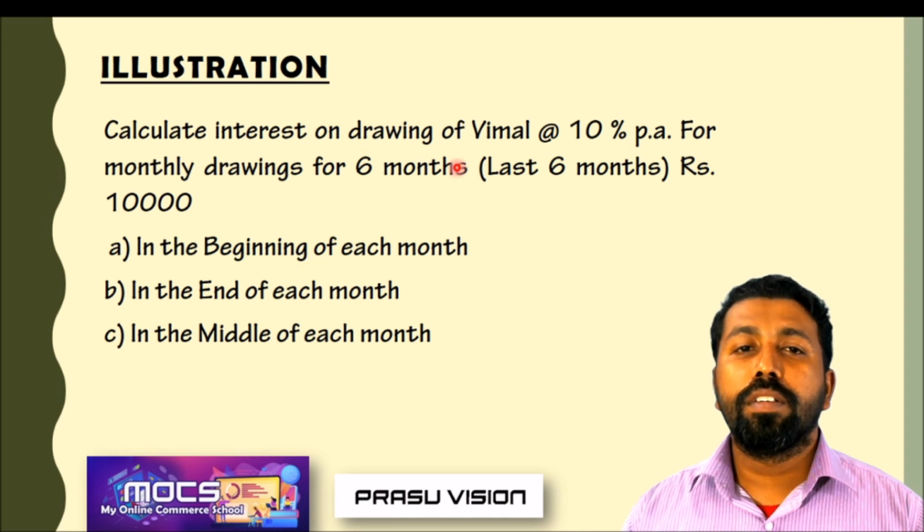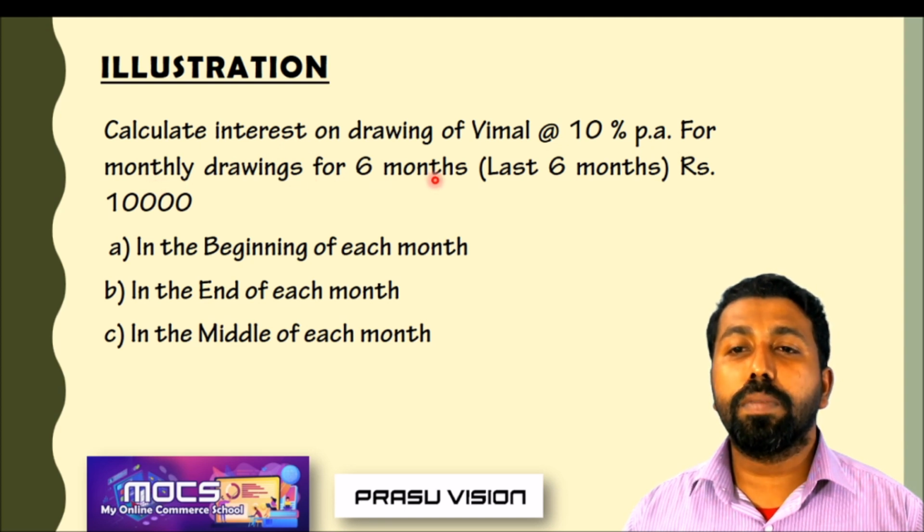Here the drawings amount is 10,000 and it is monthly drawings for the last 6 months, with 10% per annum interest. We have to calculate interest on drawings if it is made in the beginning of each month, in the end of each month, or in the middle of each month.